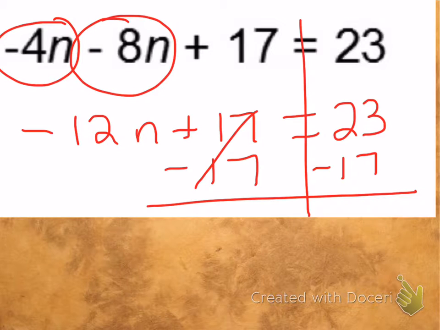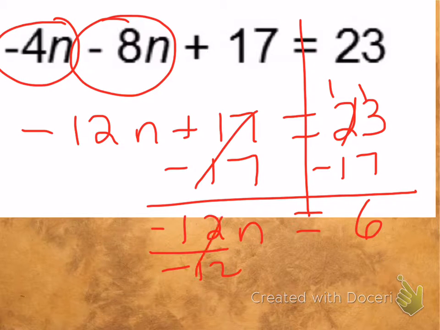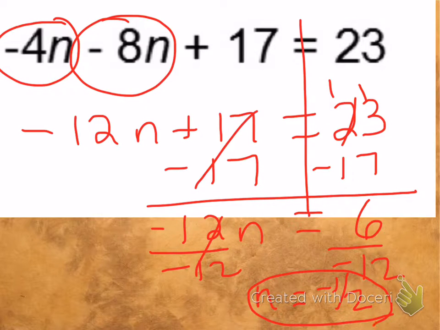So that cancels out. And you're left with negative 12n on the left side equals 23 minus 17 is 6. And then we're going to divide by negative 12. 6 divided by negative 12 is negative 1/2. So n equals negative 1/2.